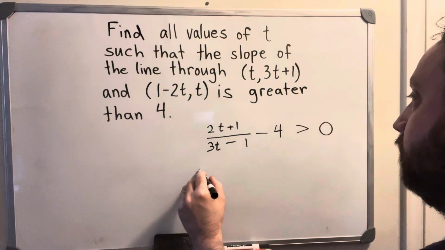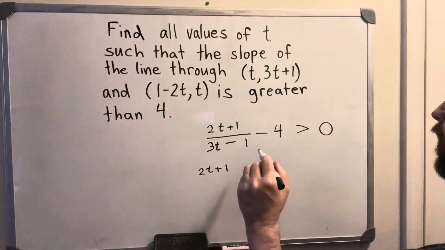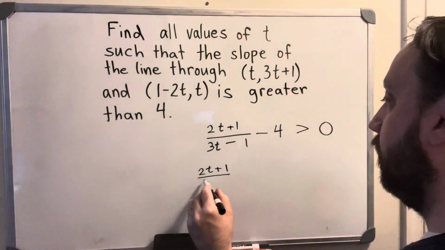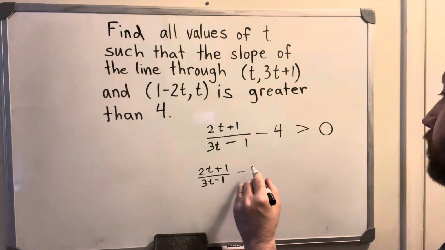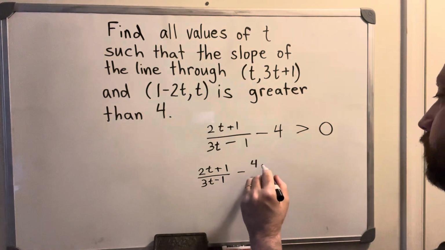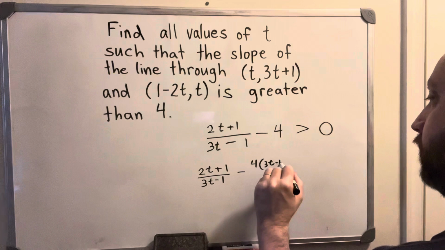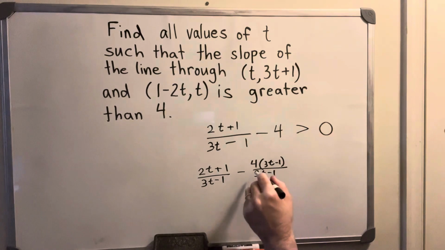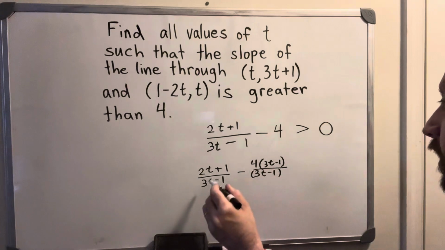We can say 2t plus 1, and then we're going to put 3t minus 1 minus 4, and if we put the 3t minus 1 over 3t minus 1, that's fine, as long as 3t minus 1 is not equal to 0, but we have this case anyway.